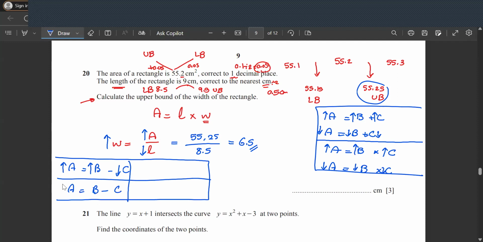If I want the lower bound of A, take the lower bound of B and the upper bound of C. But if it is dividing like what we did here, if I want the upper bound, take the upper bound of the first and the lower bound of the second. If I want the lower bound, same first, opposite second. You got it? Any problem? No.